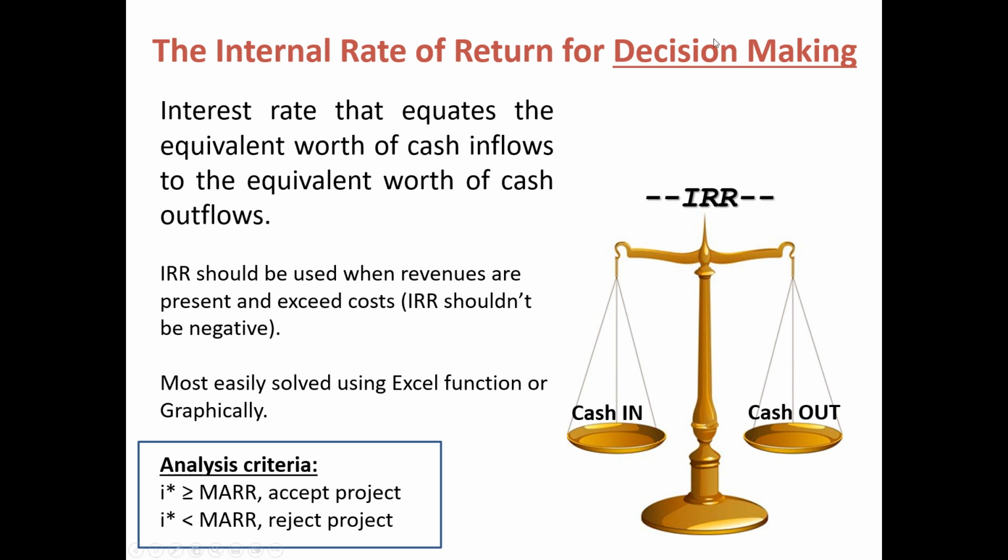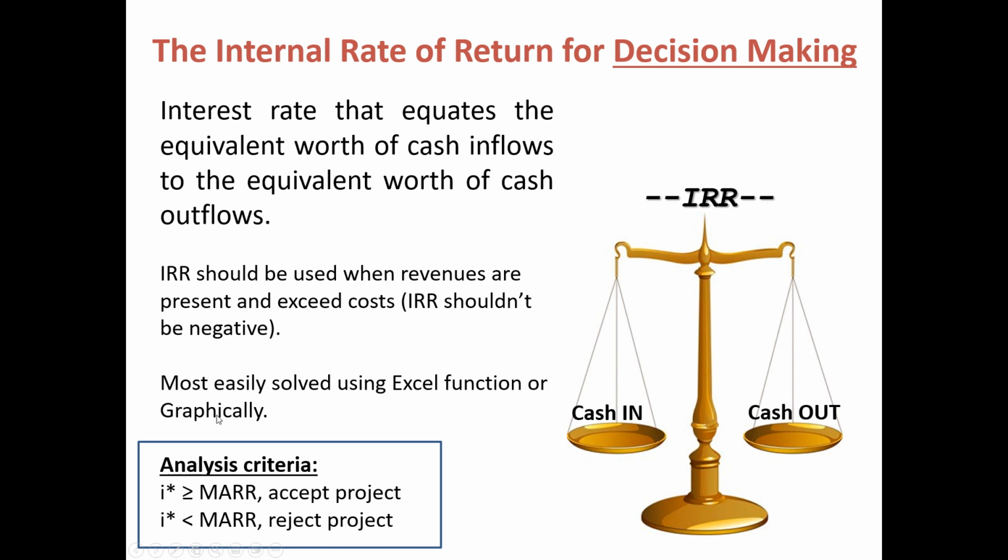But when you're making decisions and trying to decide whether a project is acceptable, the way we know whether a project is acceptable is if the internal rate of return is greater or equal to the MARR, then you could accept the project. But if the interest rate that the project is going to make is less than the minimum, then it should be rejected.